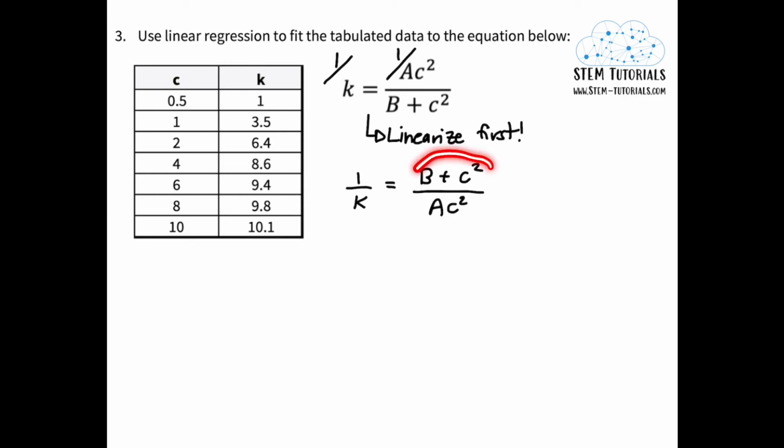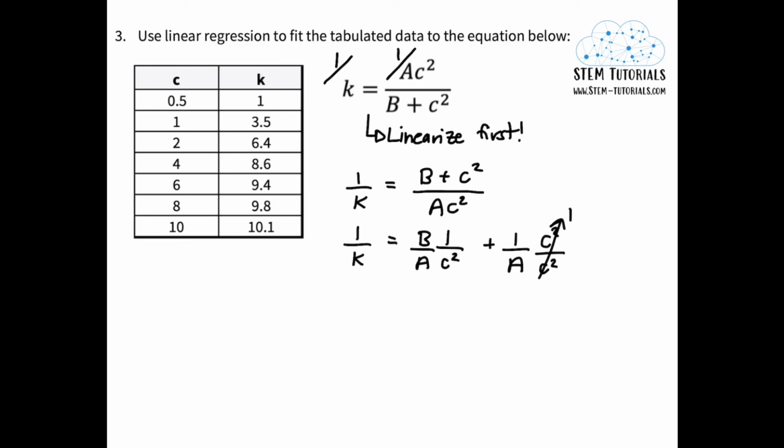If we split this into adding two fractions, we get that 1 over k equals b over a times 1 over c squared. Again, I'm splitting it into two so that we have our constants grouped together and our x-like variable grouped together, plus 1 over a, since the c squareds go to 1.